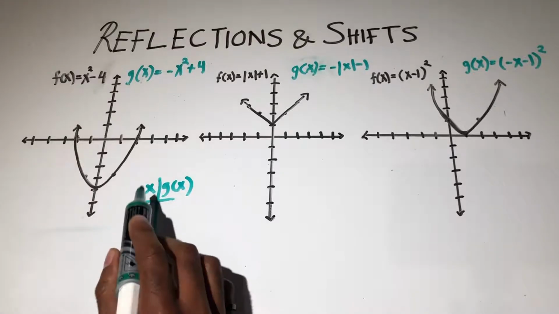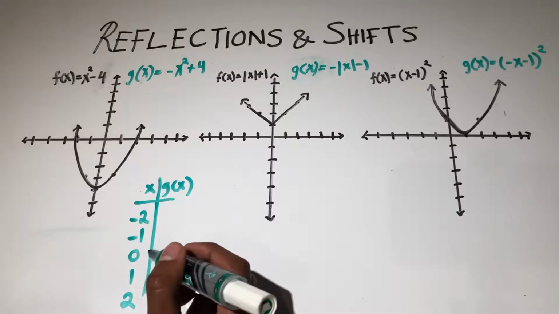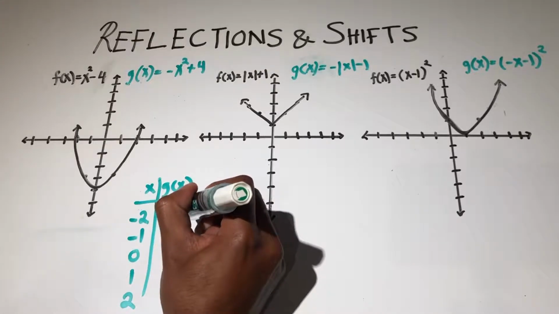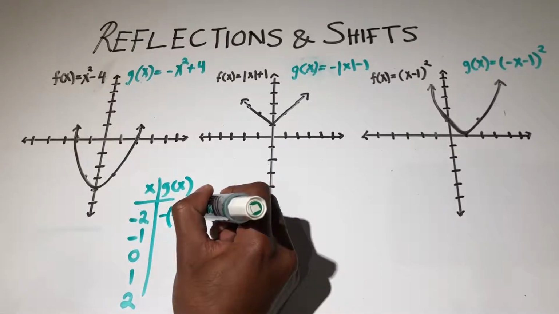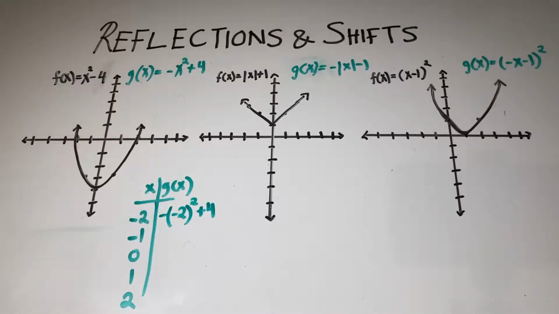If we take -2 for negative x squared, we're going to get negative -2 squared plus 4. Well, -2 squared is just going to give us 4, and then -4 plus 4 is just going to give us 0.